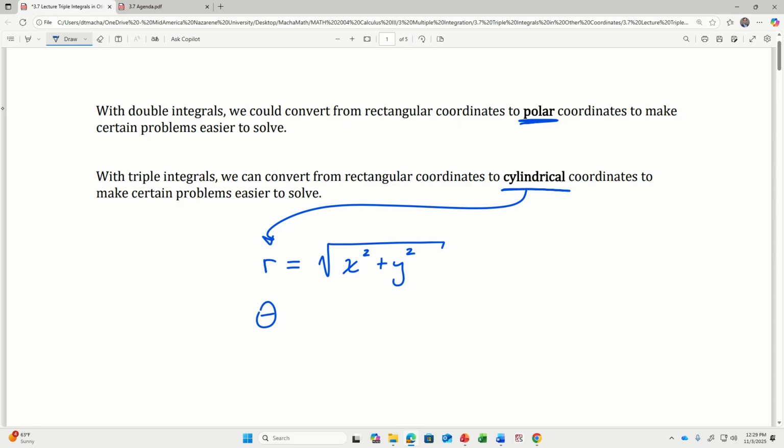Theta is such that tangent of theta is y divided by x.